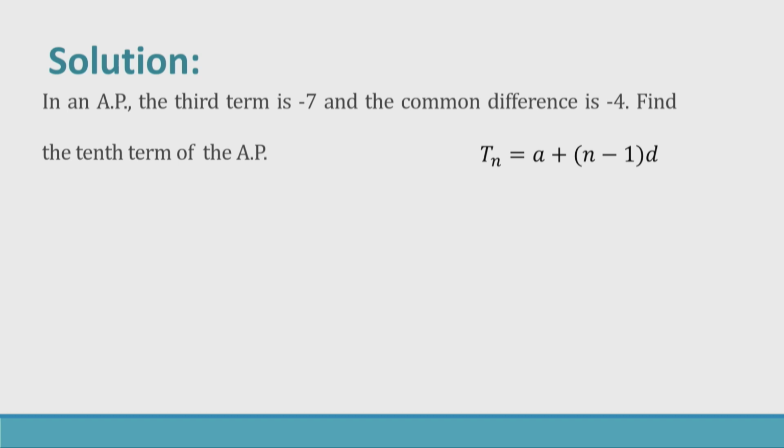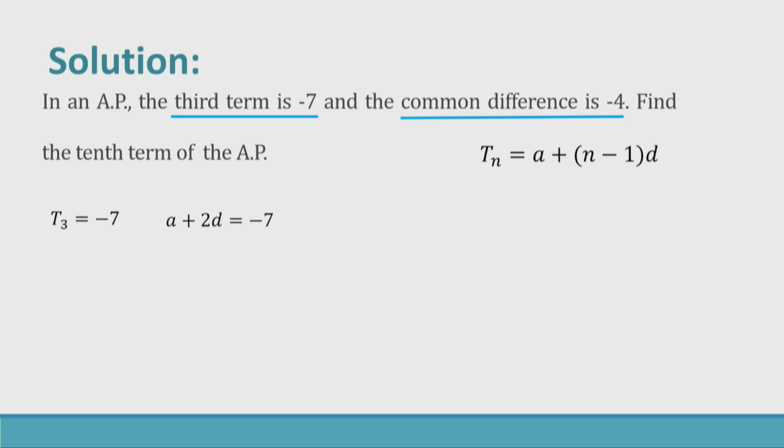The formula is here. Tn is equal to a plus (n minus 1) into d. So the third term is negative 7. This means that T3 equal to negative 7. So we replace this in the formula and we get a plus 2d equal to negative 7.